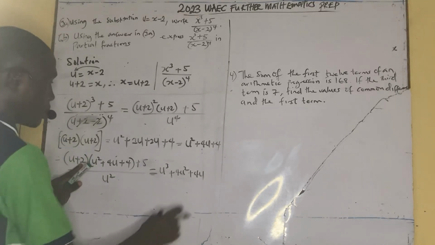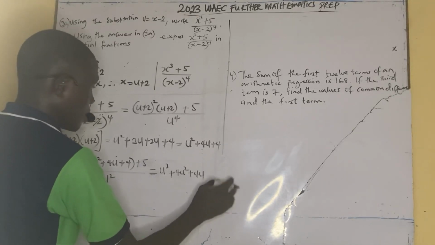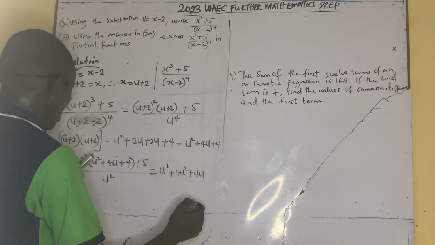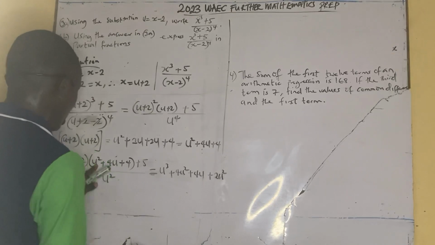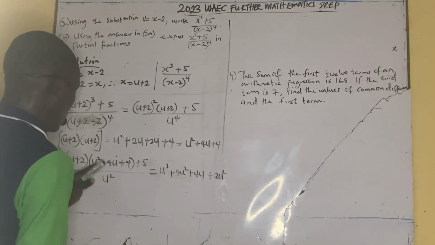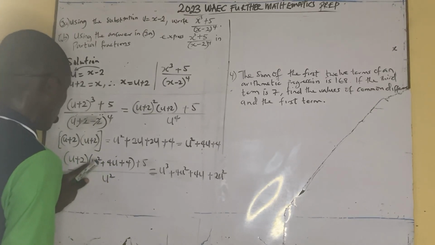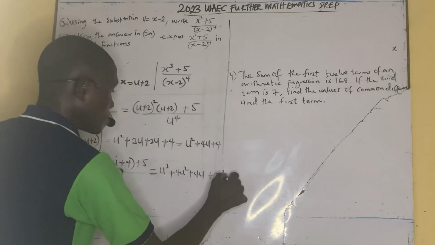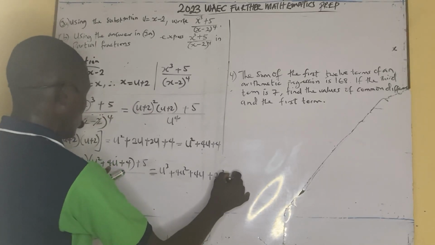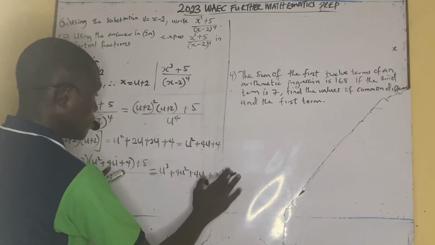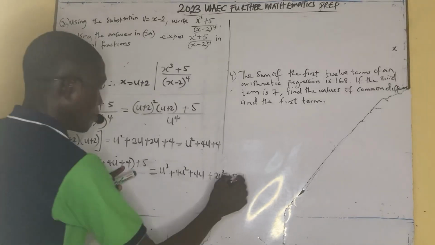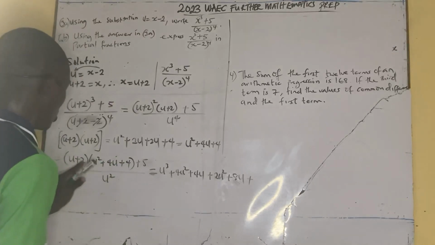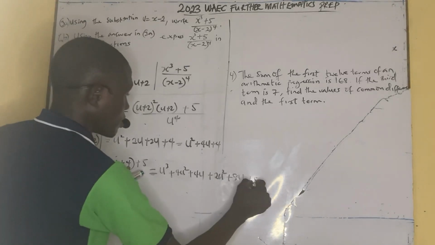Then you take this one as well to multiply out. 2 times u squared is plus 2u squared. 2 times 4u is plus 8u, and 2 times plus 4 is plus 8.